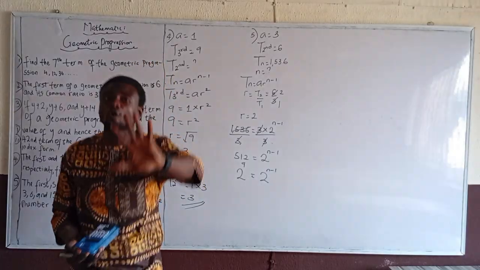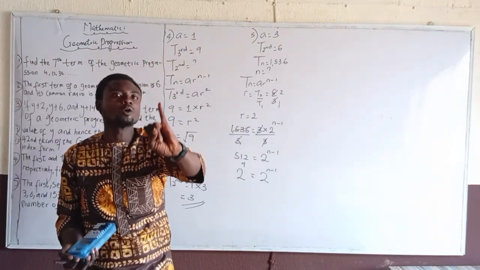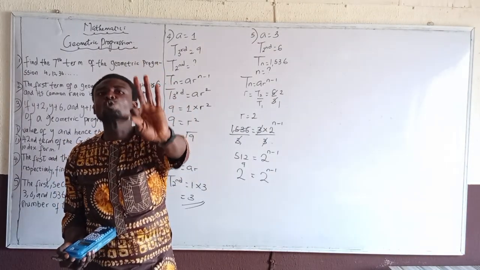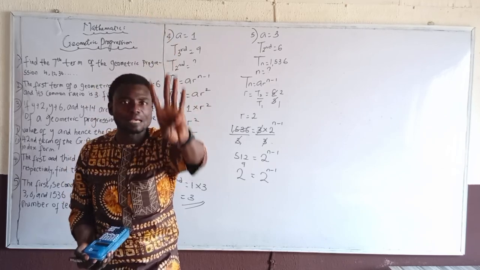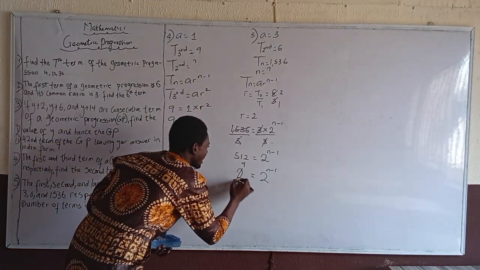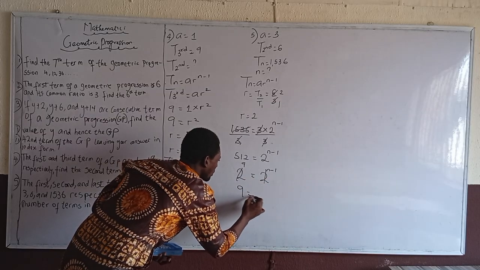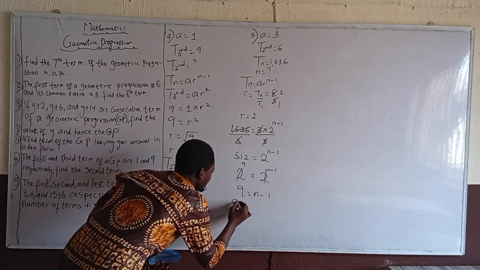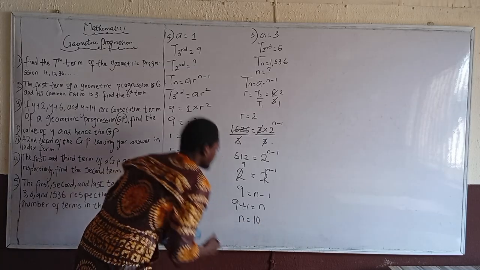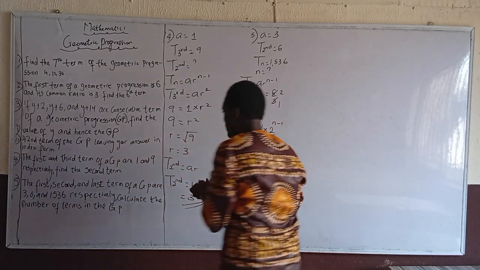That is 5, remaining 4, times 2, 64, times 2, 128, times 2, 256, times 2, 512. So 2 will cancel 2 here, 9 becomes n minus 1. 9 plus 1 equals n. My n becomes 10. So that's the first 5 questions.